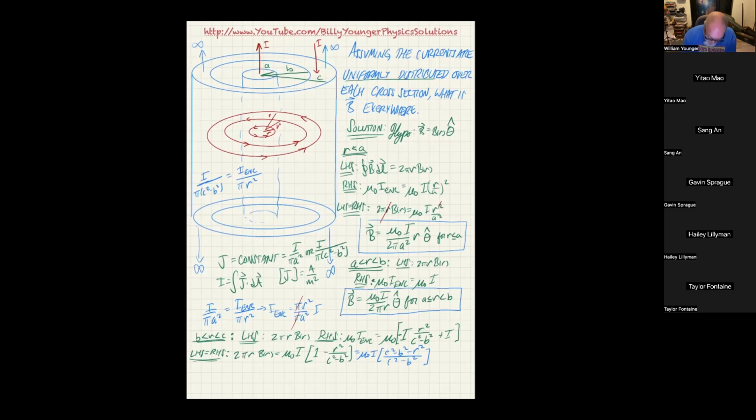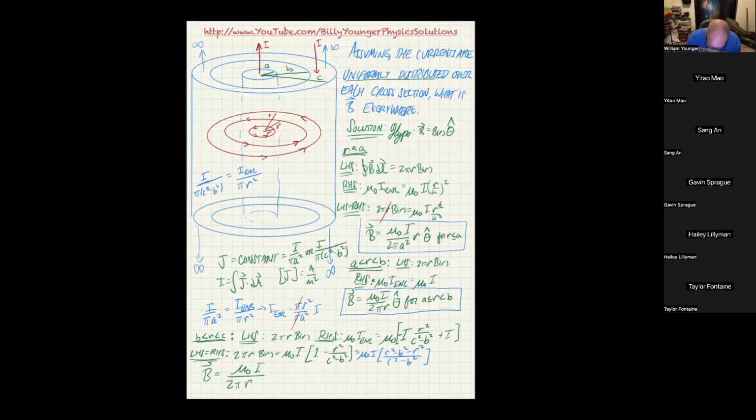So now I can finally say that B of r, as a vector, is in fact mu 0 I over 2 pi. Now, notice if I divide by r, actually, it's probably best to just leave the r in the bottom like this.